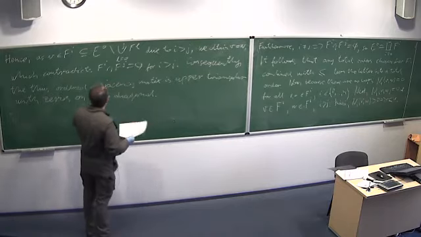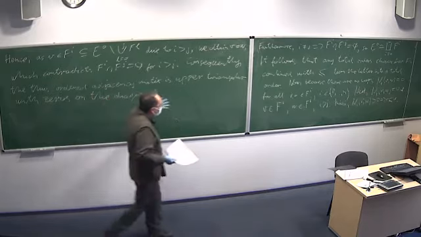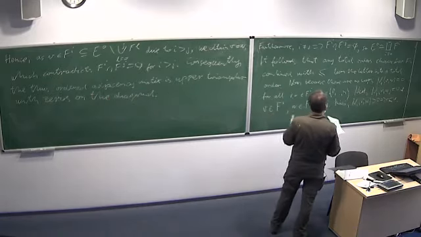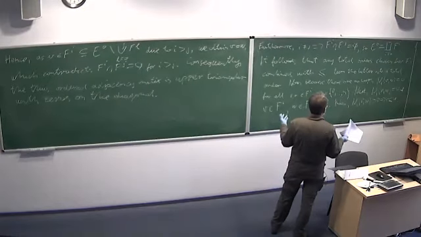Right, because this is what we just showed. If I have two vertices in the same Fi, then the number of edges from one vertex to another is 0, so nothing here.